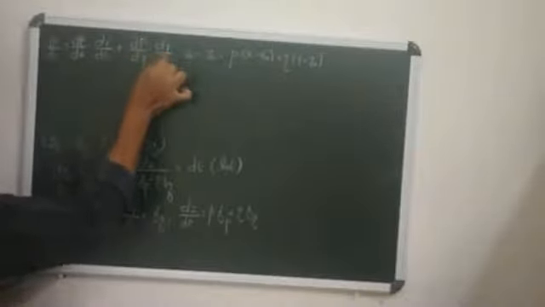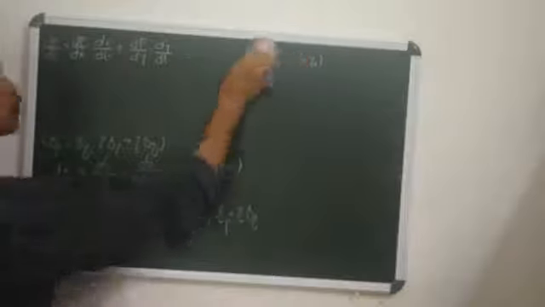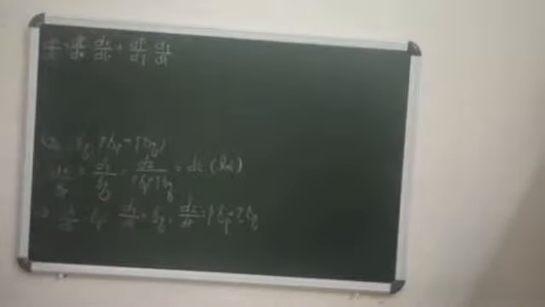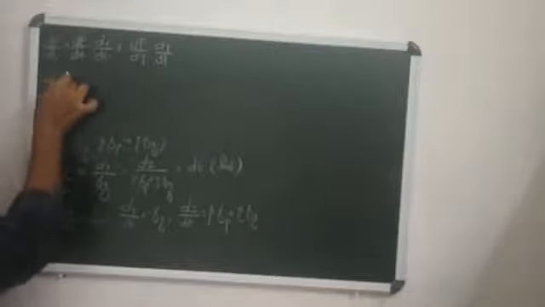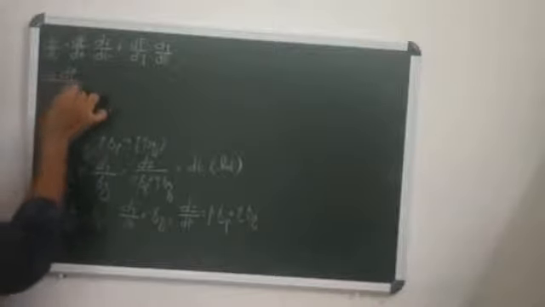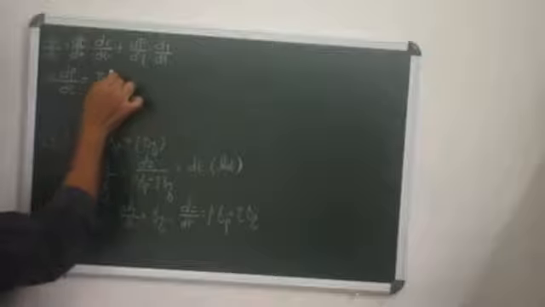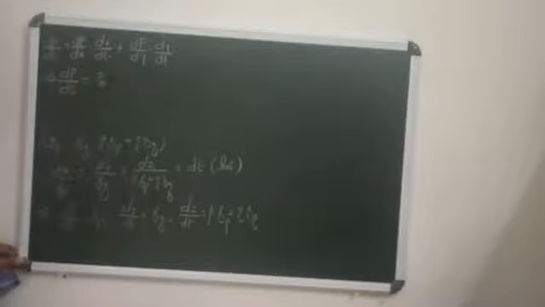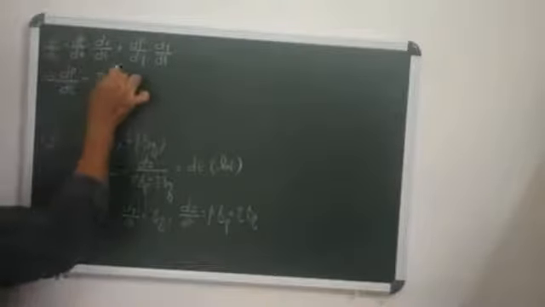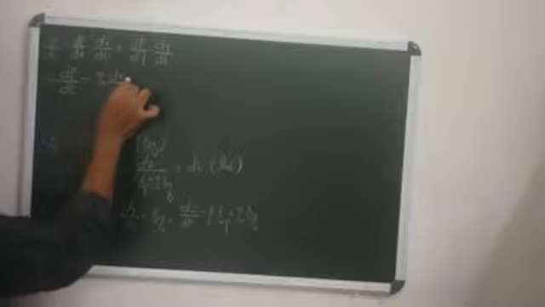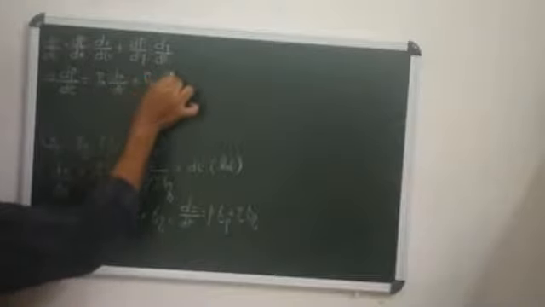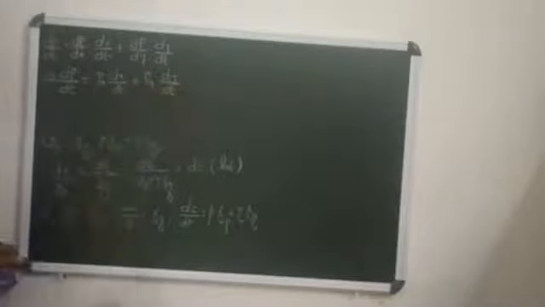Why? Because p is a function of x, y. So that means dp by dt is px into dx by dt plus py into dy by dt.